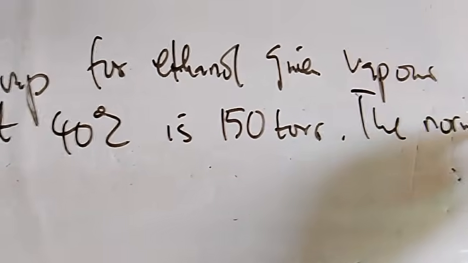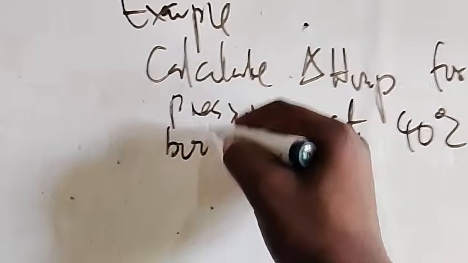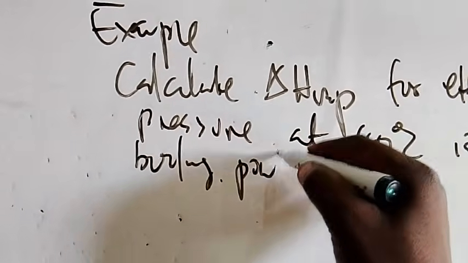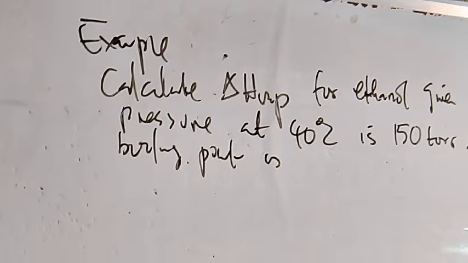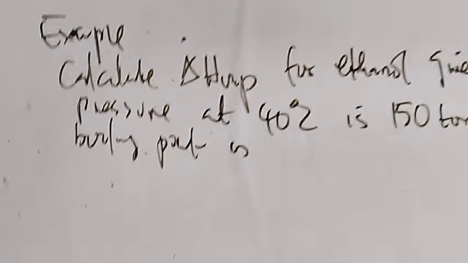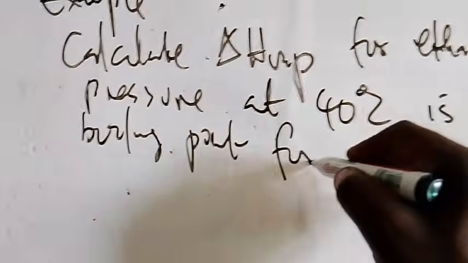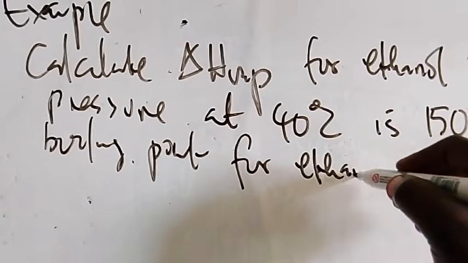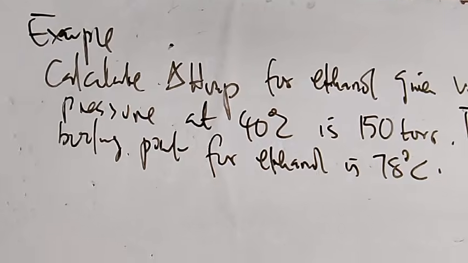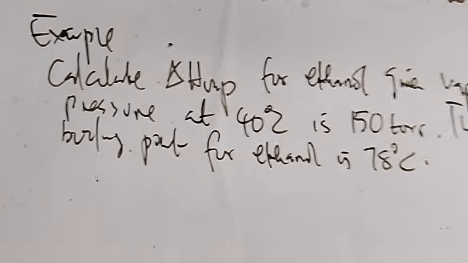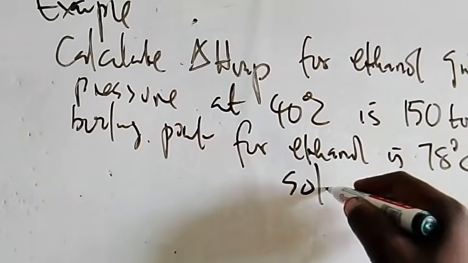The normal boiling point for ethanol is 78 degrees Celsius. So let's calculate delta H.